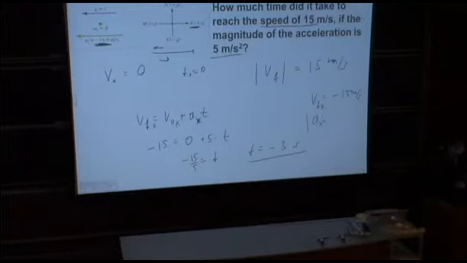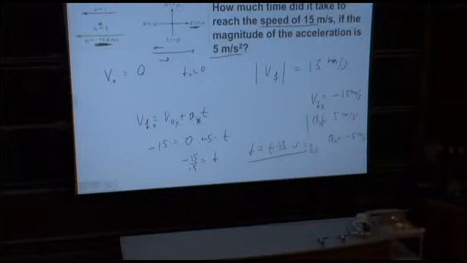So the magnitude is equal to 5 meters per second squared, but the actual value of the x component is supposed to be negative. So that's an easy fix. We just add a minus here, minus and minus makes it plus 3 seconds.